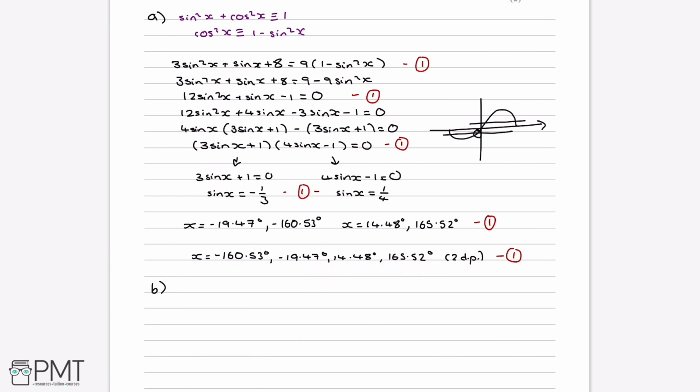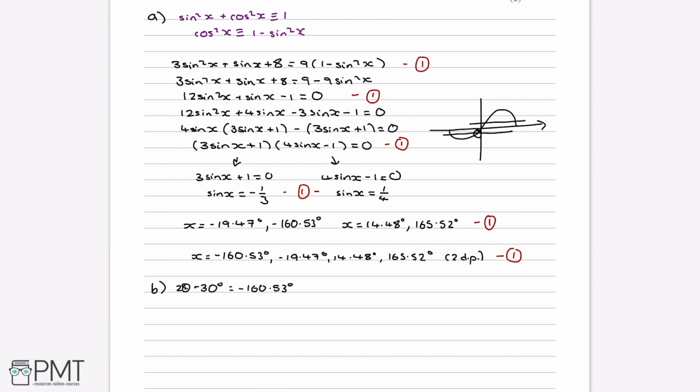Now, given that we already have 4 values for x that we worked out in part A, we can say that if 2 theta minus 30 degrees is equal to x, then this must be equal to one of these 4. Now, given that we want the smallest positive answer, we may as well start with the smallest value of x and see if this works. So the smallest value of x is minus 160.53 degrees. If we were to use this, to solve for theta we'd need to add 30 degrees to both sides.